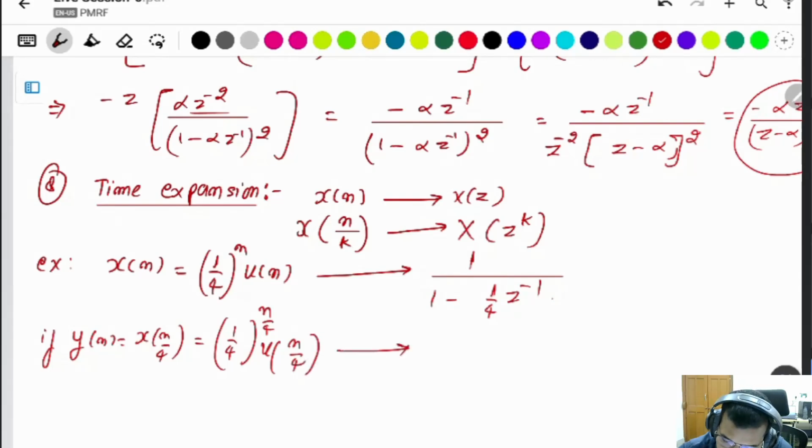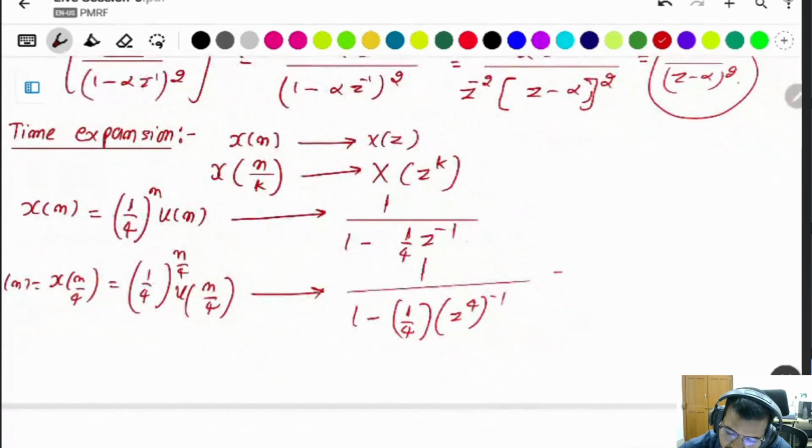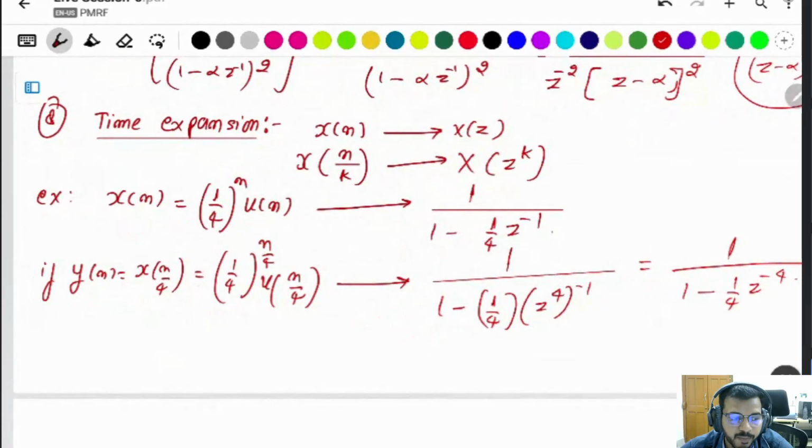This will be the same thing, we have to raise z to the power 4. And overall this will be 1 divided by 1 minus 1 by 4 z to the power minus 4.